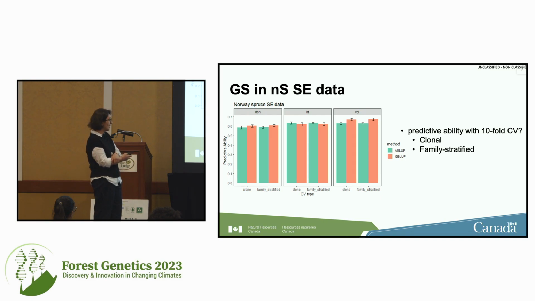As you see here, genomic selection is giving you better or slightly higher predictive abilities, regardless of the sampling scheme you are using. So it's promising for this data set.